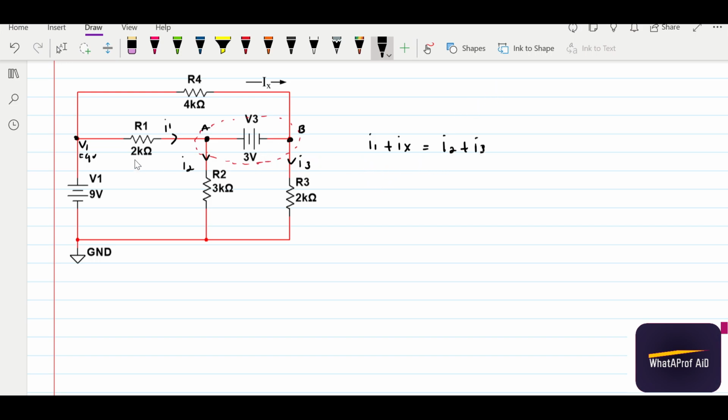So the equation for I1 is equal to V1 minus VA.